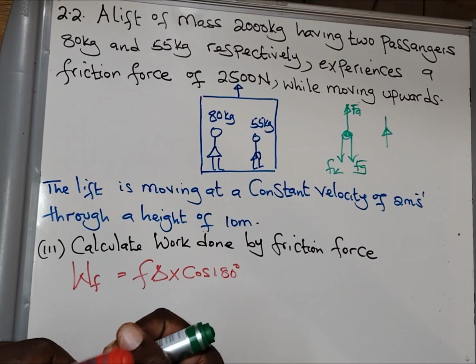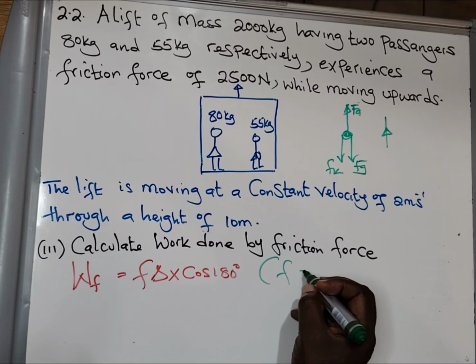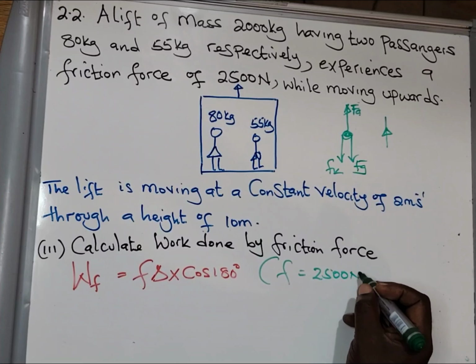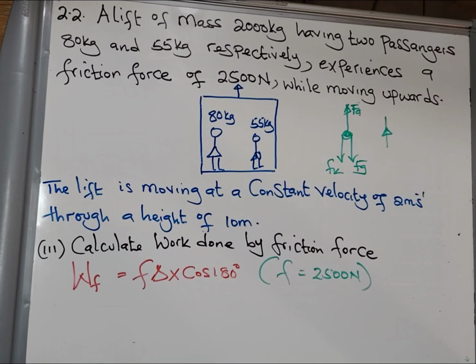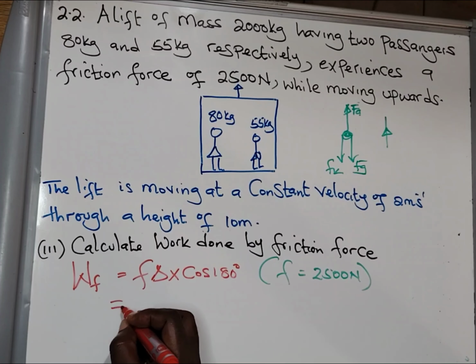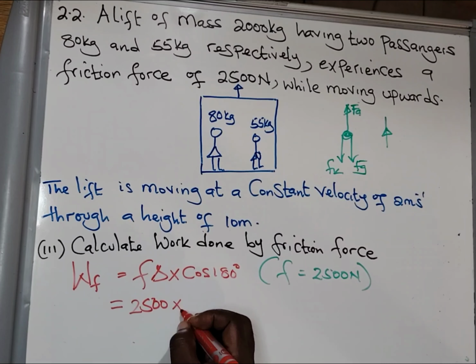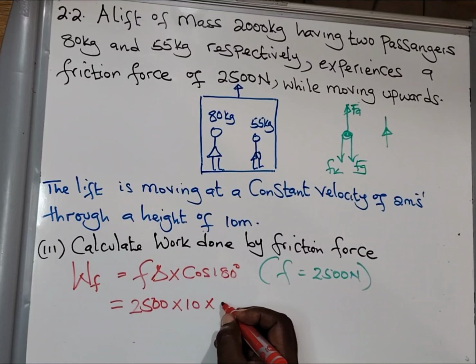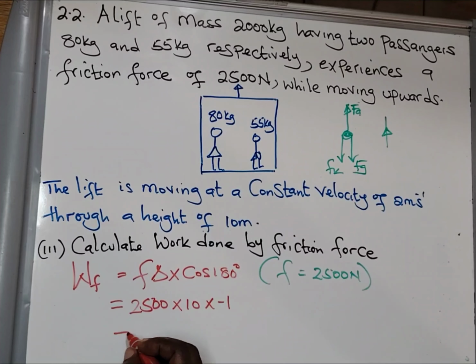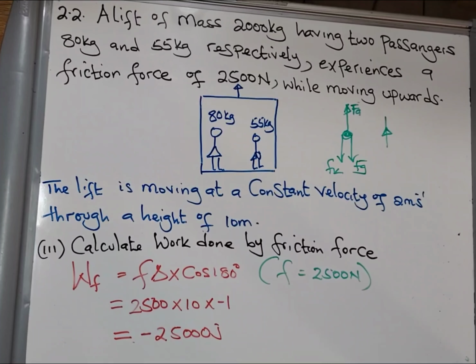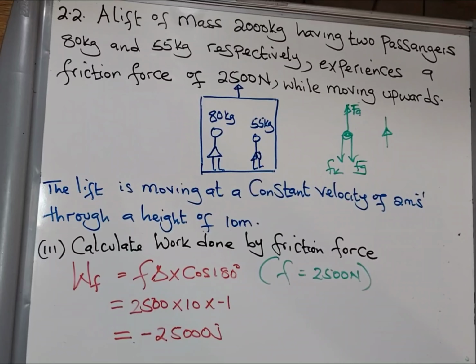We know friction force was given directly, and it is 2,500 newtons. We substitute it here and get 2,500 times displacement, which is 10, times -1. What you get is the work done by friction force. It is -25,000 joules.